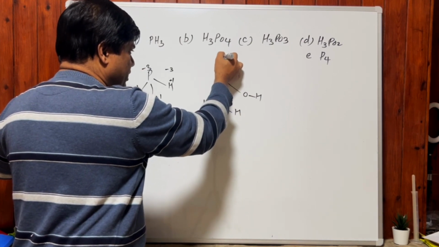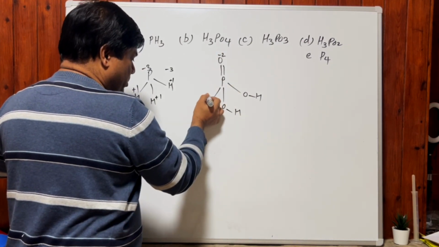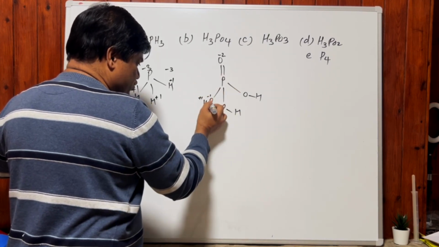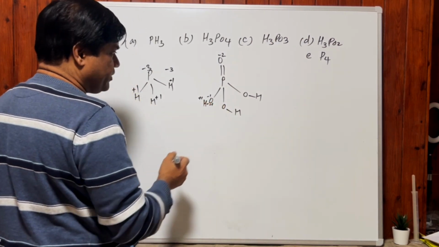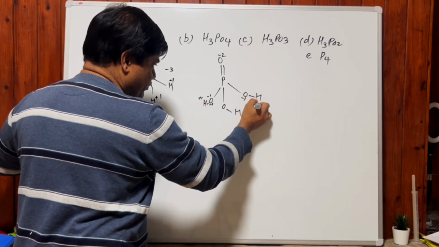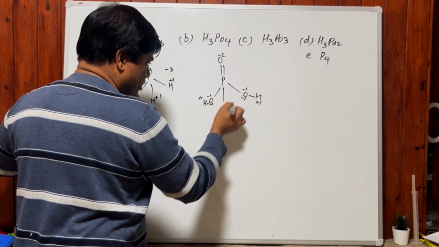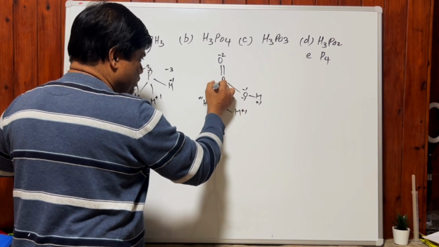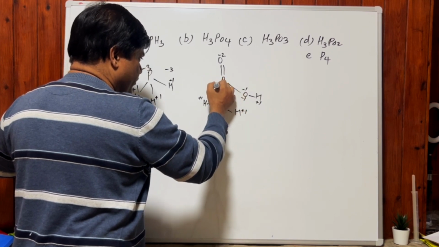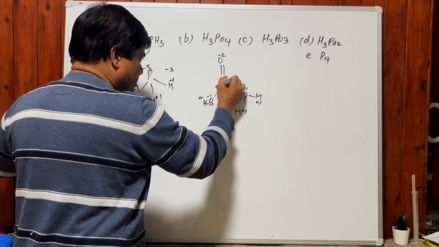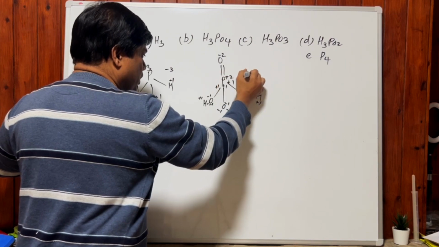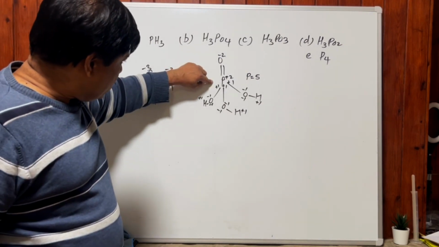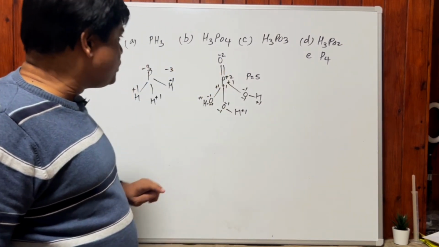So -1, -1, -2, -1, +1, +1 from the phosphorus, -1 from the oxygen, +1, -1 from the phosphorus. So +1 from here, +1, +1, +2. P equals +5.